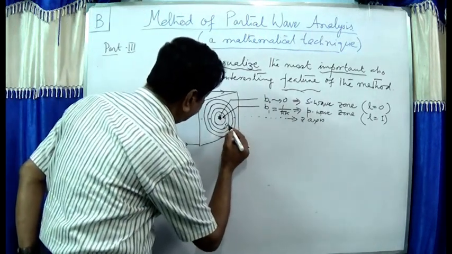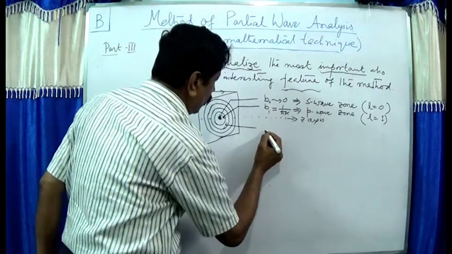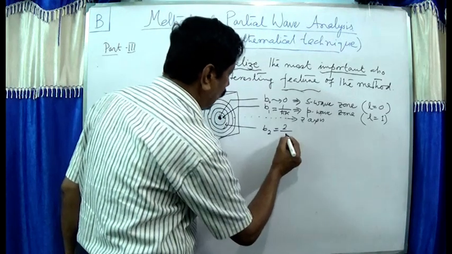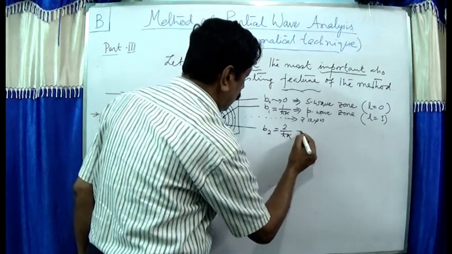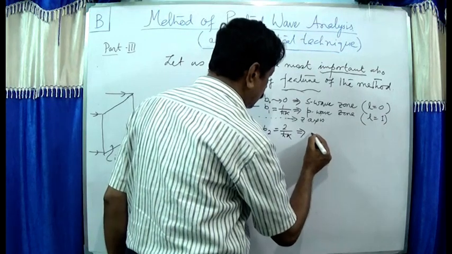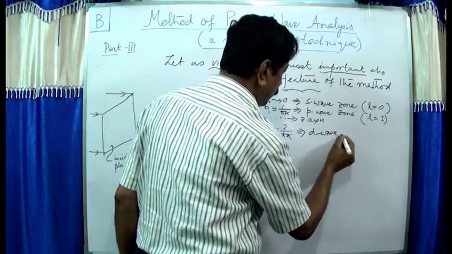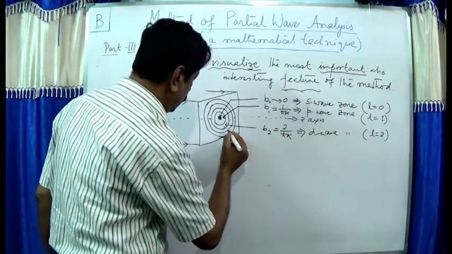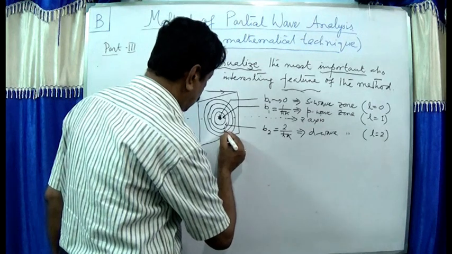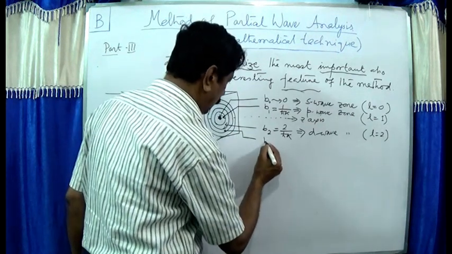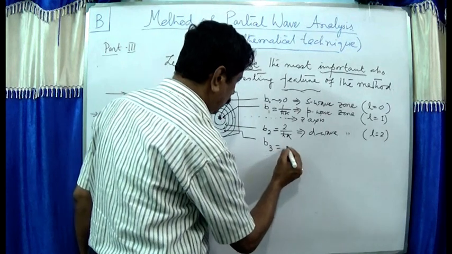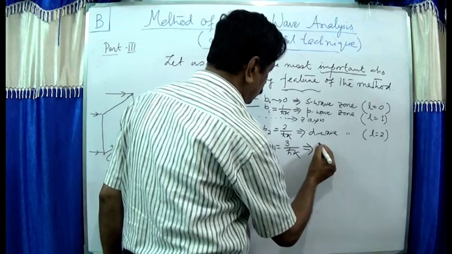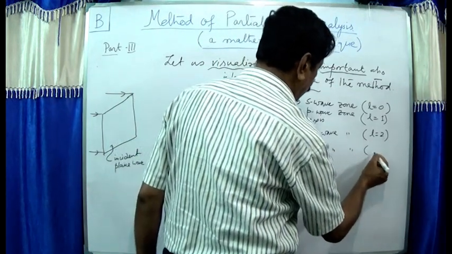Likewise, we can have other zones for other values of L. It is the D wave zone corresponding to L equal to 2, and the F wave zone with b3 equal to 3 by h cut k.